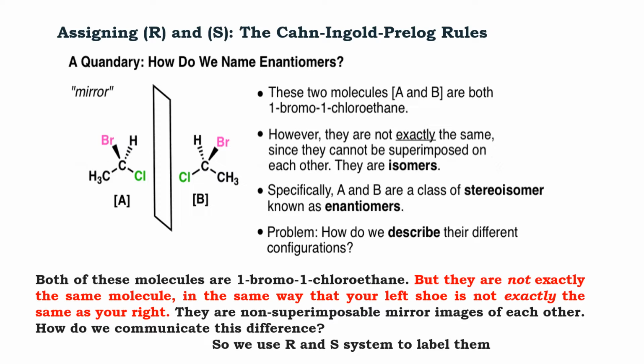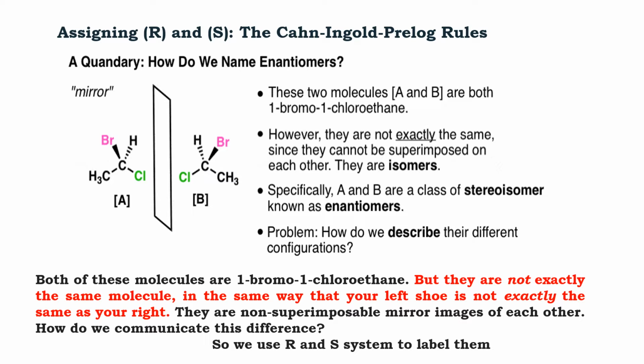For example, you have two shoes, a left shoe and a right shoe, so you label them as left and right shoe. When we take an enantiomer, we have to label them as the object and its non-superimposable mirror image.